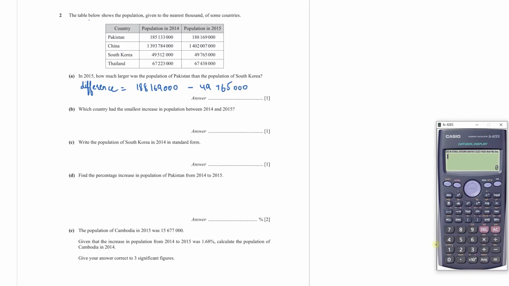So let's do the subtraction. 188,169,000 minus 49,765,000. Oh, I added one extra zero. Okay. So the answer is 138,404,000.